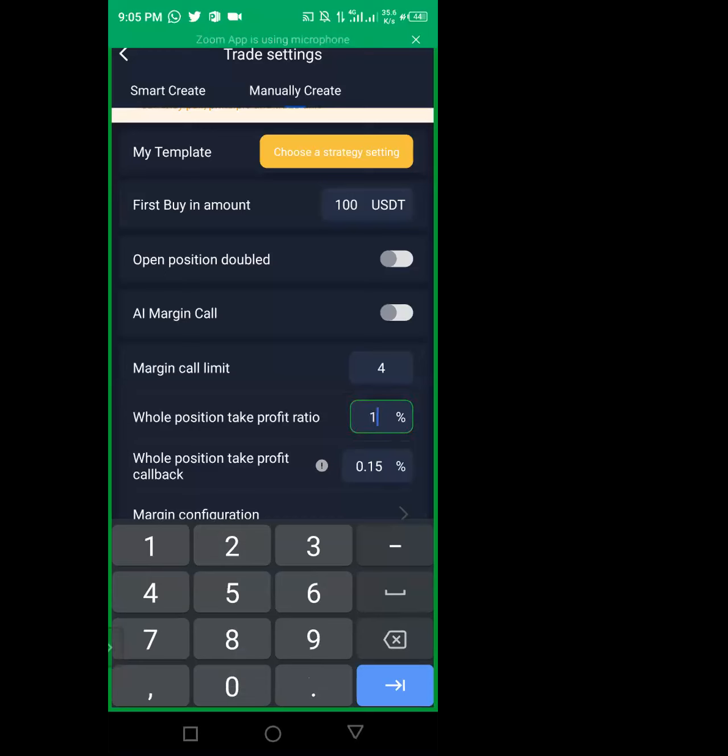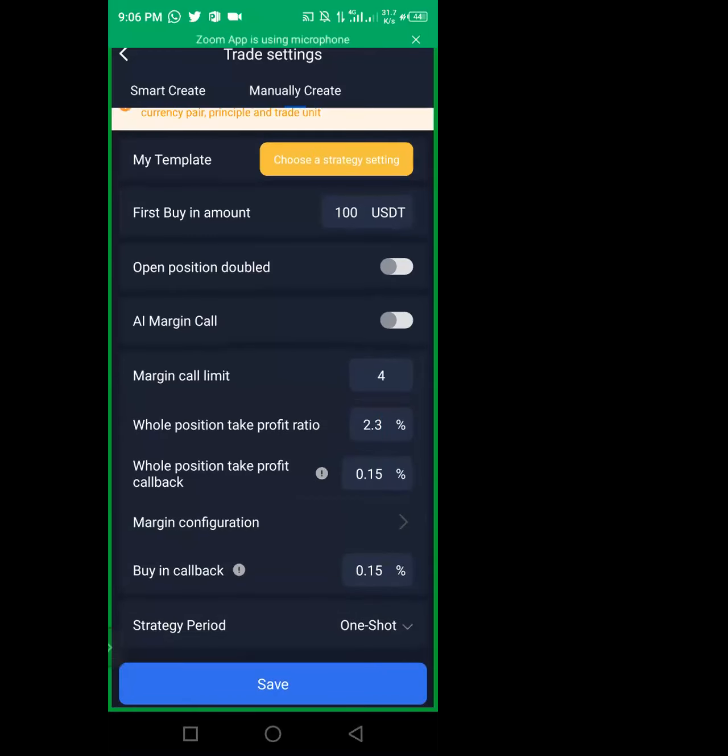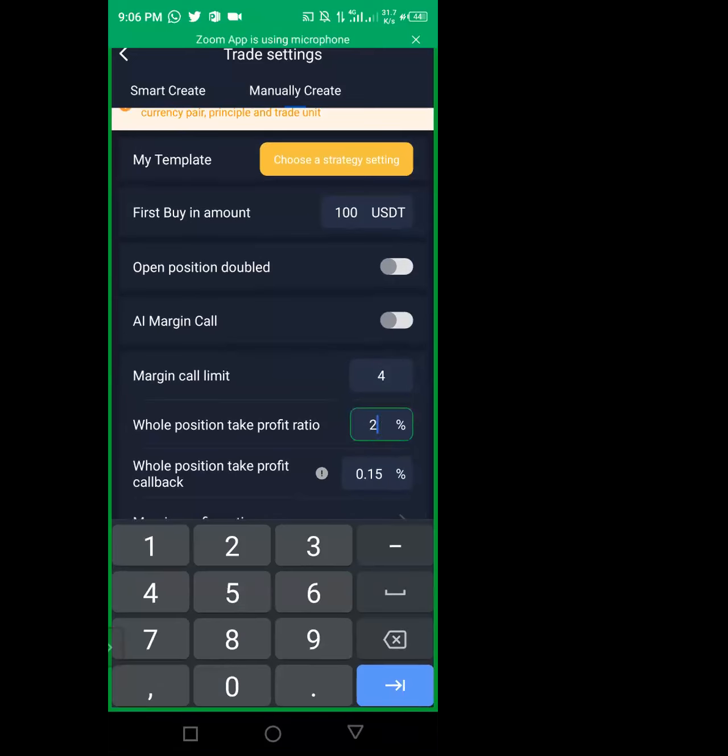You can use 1, you can use 1.5, the default is 1.3, you can use 2.5, you can use 2.3, depending on how patient you can be for the coin to sell. So please understand the whole position take profit ratio. That is where you put the percentage profit you want.